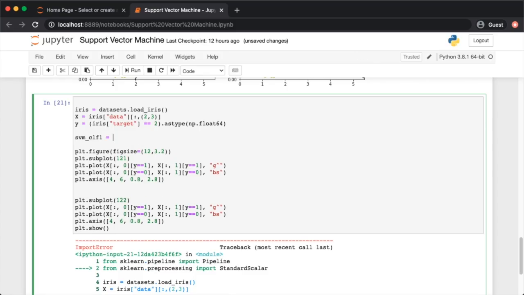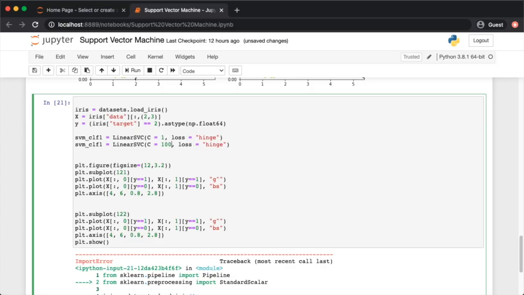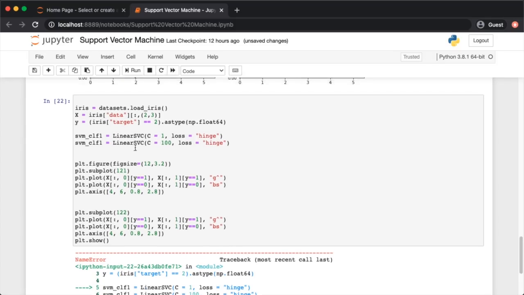do each one separately. So linear SVC. I'll pass the C hyperparameter 1 first. I'll indicate a hinge loss and another one, but with a larger C, let's say 100.